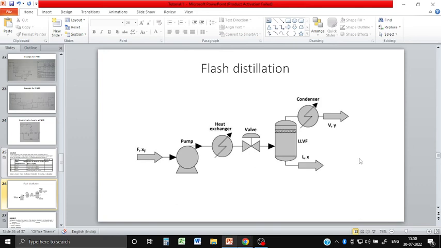In most of the cases, when you are really not much concerned with the purity of your product, you are happy with a single stage of flash distillation. One such example is removing highly volatile contaminants from some heavy liquid. The example which I gave is gasoline contaminating lubricating oil. So this is the application of flash distillation, you can see.